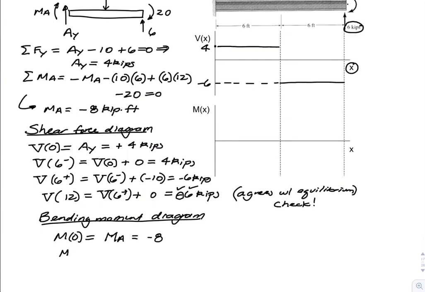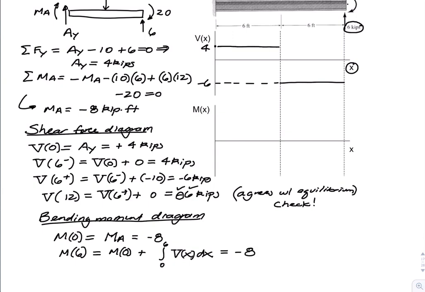Now we look at the bending moment there at 6. Well, moving across, we see that it's equal to that plus the integral from 0 to 6 of what the shear force is. So we get the minus 8 from there.